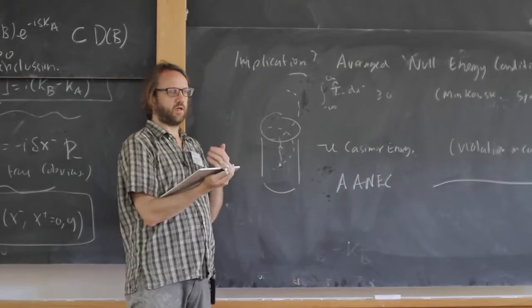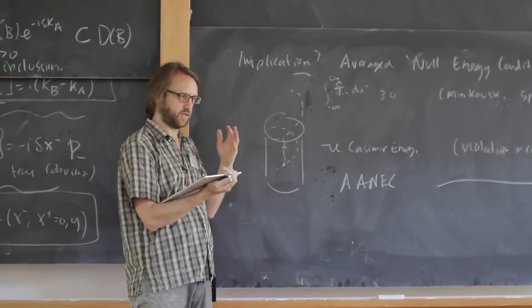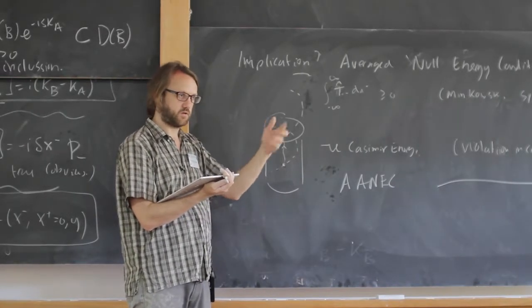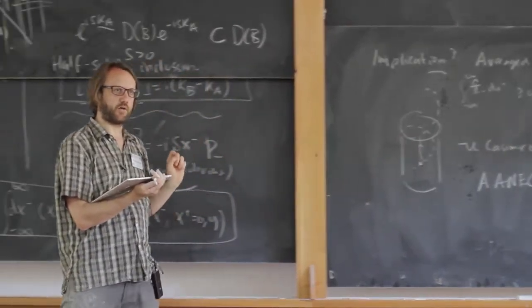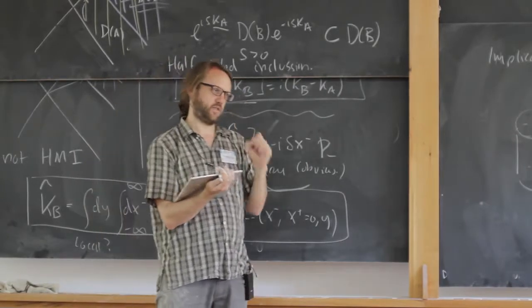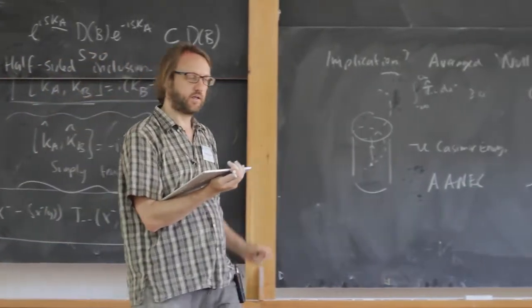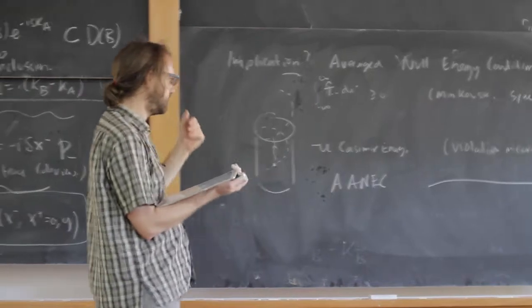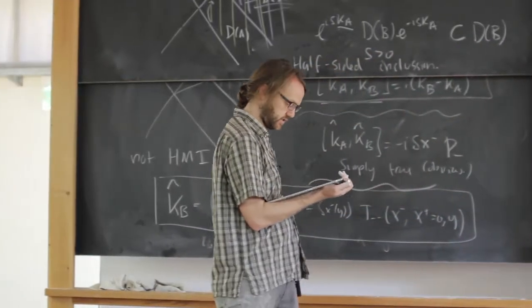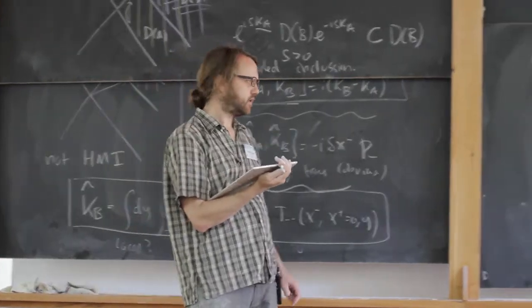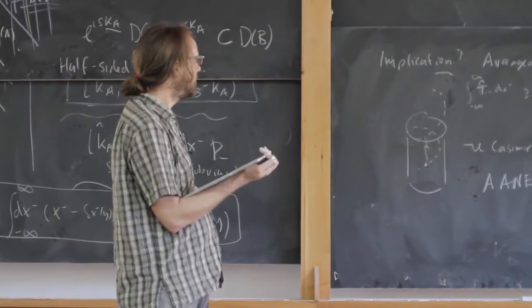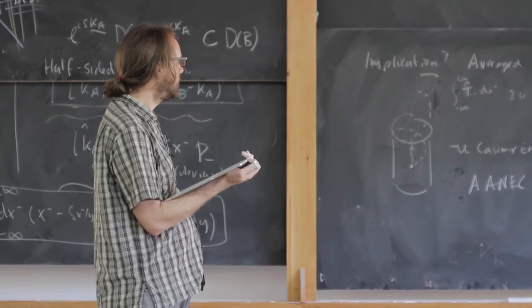For example, if you have an eternal black hole or something, then you have some Killing symmetry associated to that black hole, and you can use the same methods to prove the ANEC for null generators on the black hole horizon, just those generators. So there are other things you can do with this, but not everything.